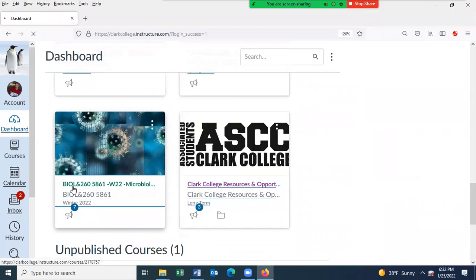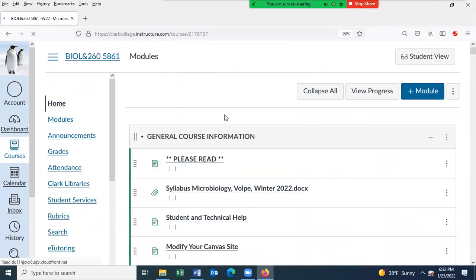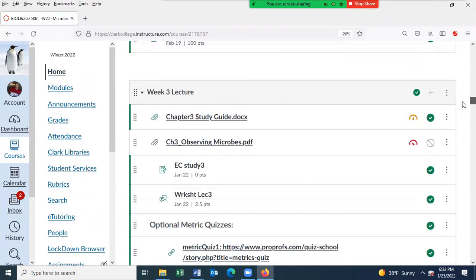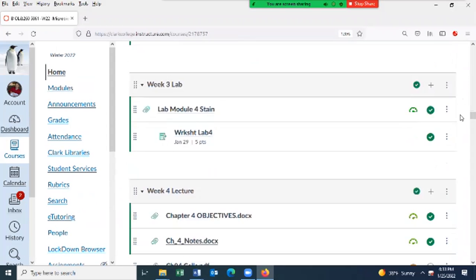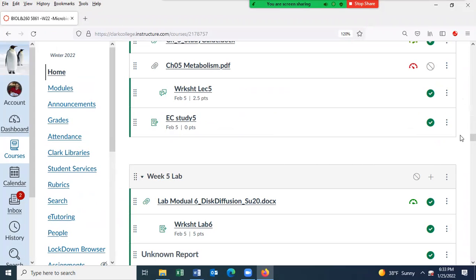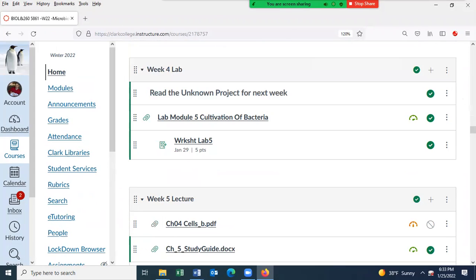Week 5 lab, there's no lab for week 5 open. It just says lecture. Let me check. Week 4 lab is showing, week 5 lab is not showing, so it should be showing now.